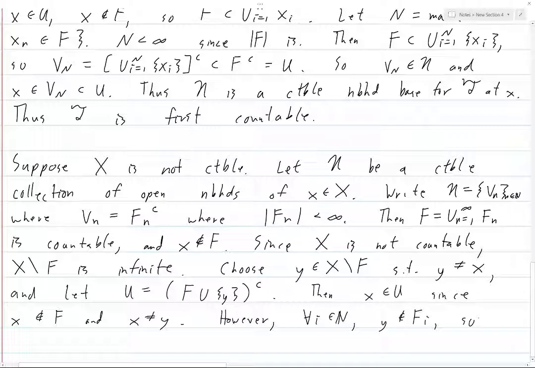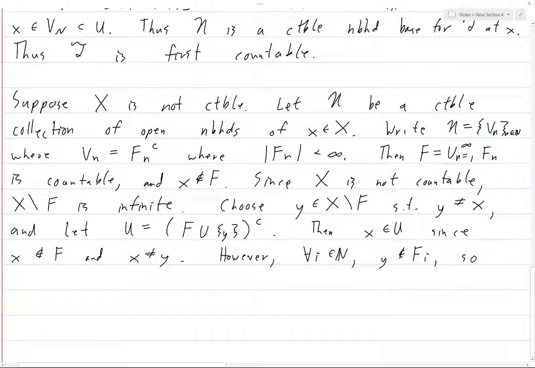So let's see here. So what does this tell us?